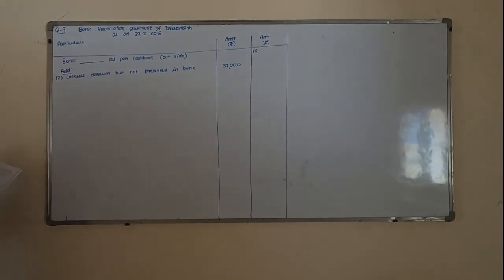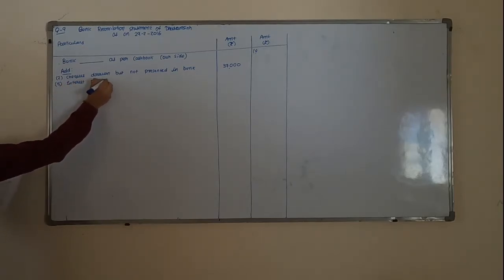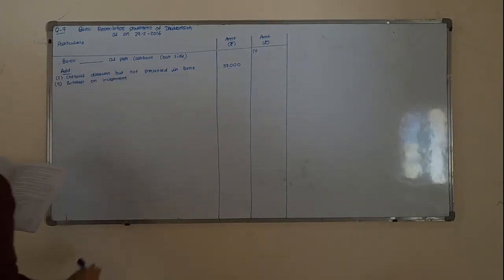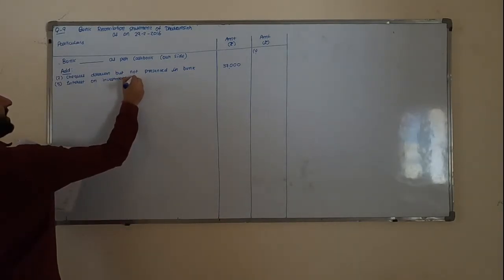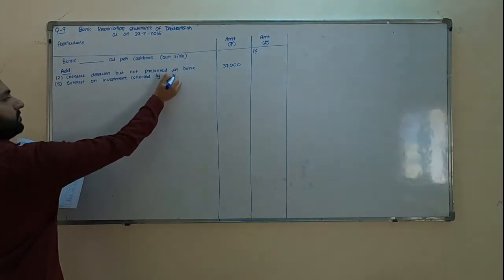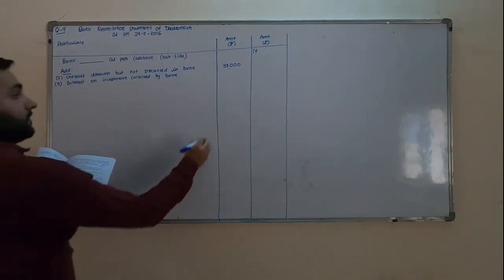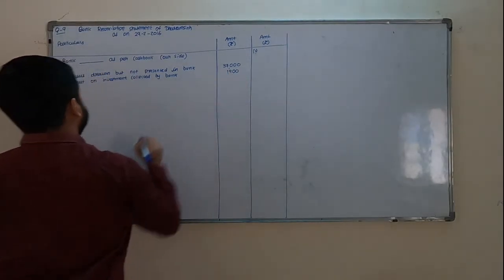Next transaction to add is number 5. Interest on investment collected by bank, 1900.